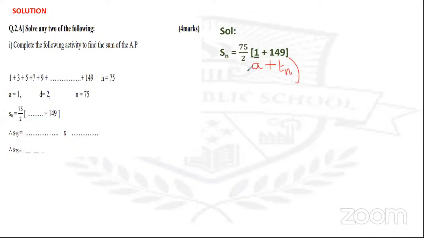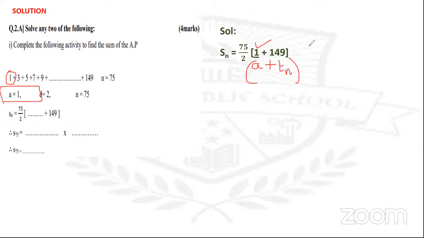Now here you know the value of a. a is 1. Here you write the first blank as 1.